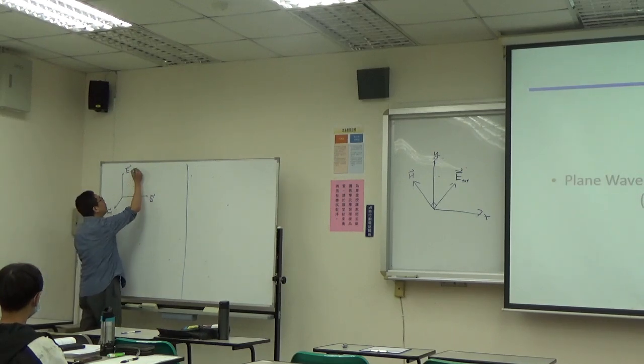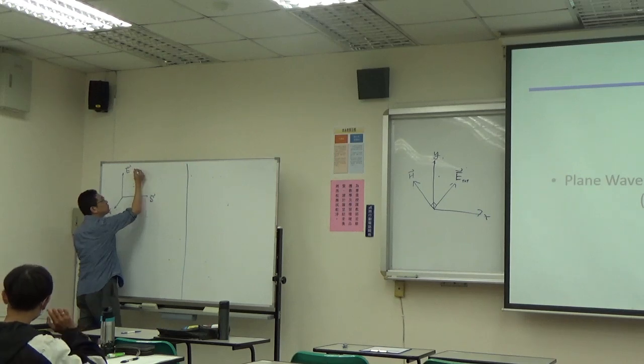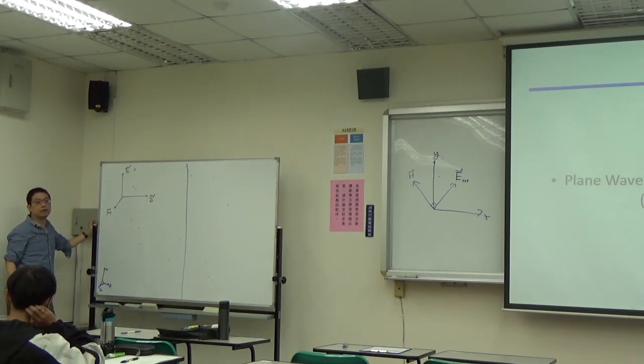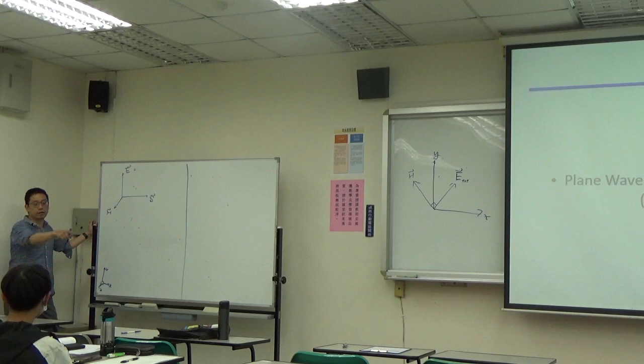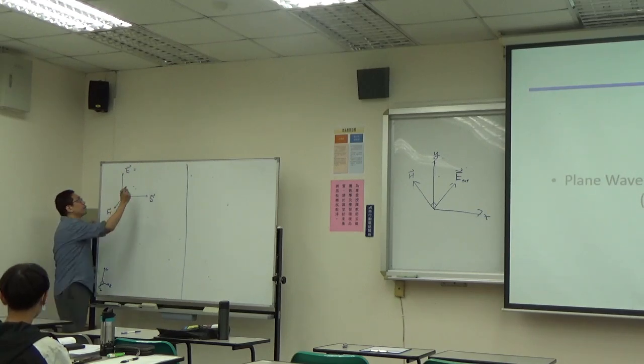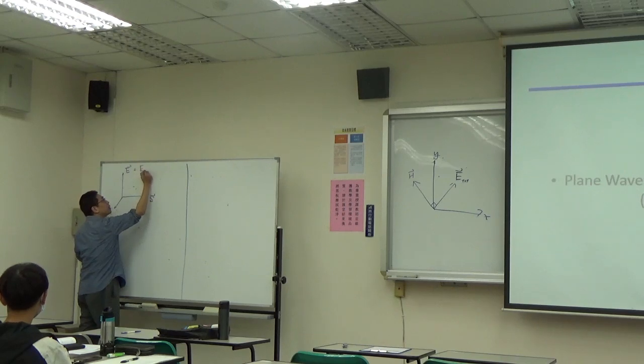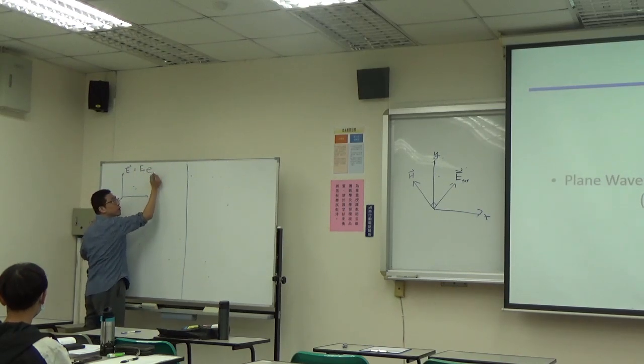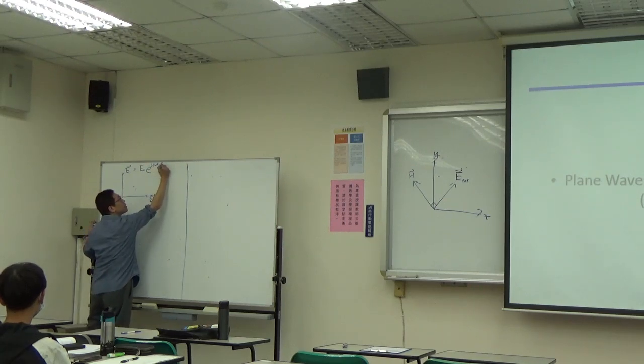What is our E field? E is the same as in the question I gave you in the quiz. E0 exponential j, omega t minus kz.